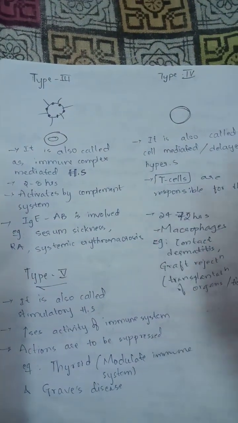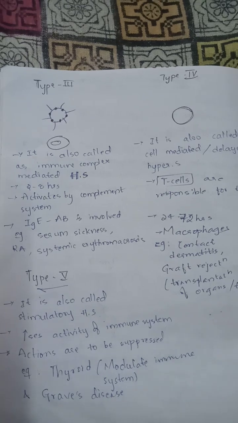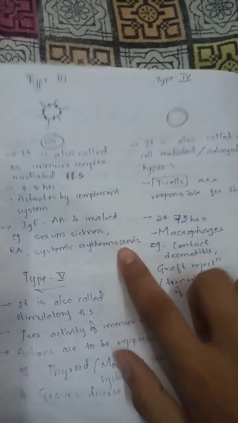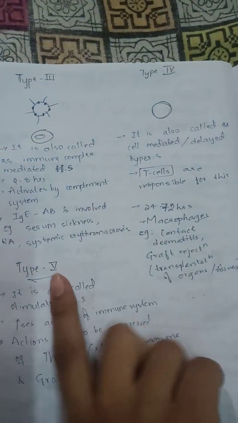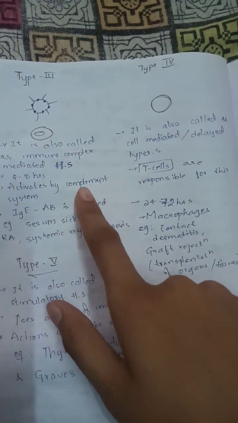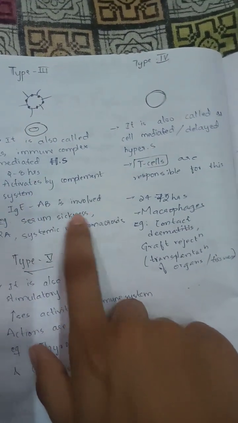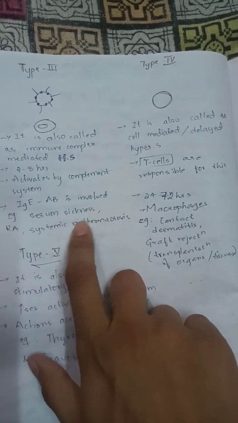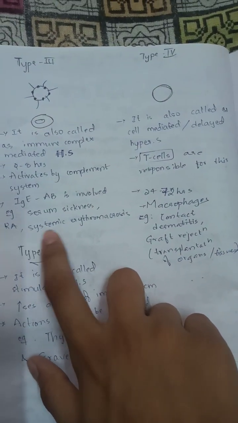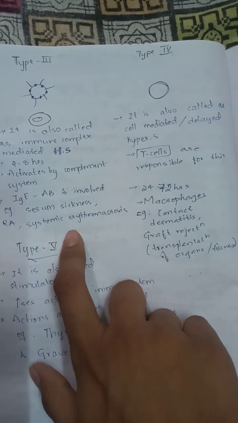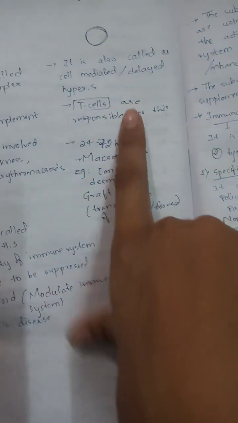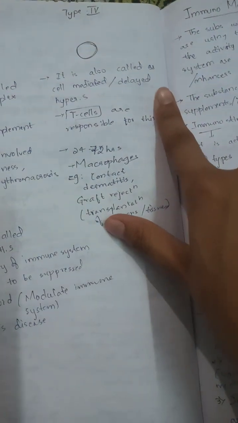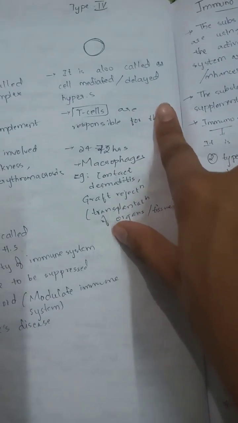Now the type 3 another name is immune complex mediated hypersensitivity, and it is also activated by complement system. IgE antibodies are also involved. Type 3 examples are serum sickness, rheumatoid arthritis and systemic erythematosus. And type 4 is known as cell mediated or delayed hypersensitivity.